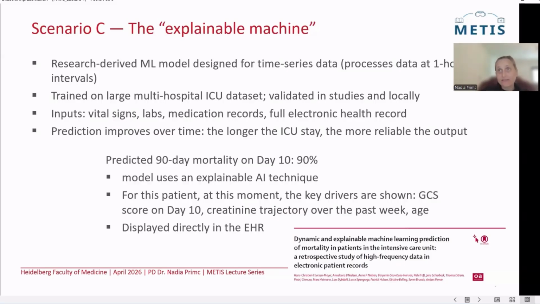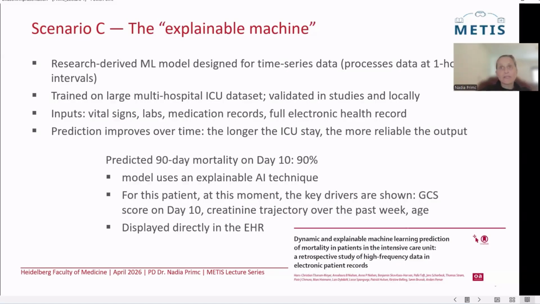This model processes acute physiological data like vital signs, laboratory values, medications, alongside the patient's full electronic health record, so a bit similar to the system in scenario B. An important difference to the classical scores from scenario A is that this model also updates its prediction every hour. So it is not just a snapshot, it gives you a continuous picture.